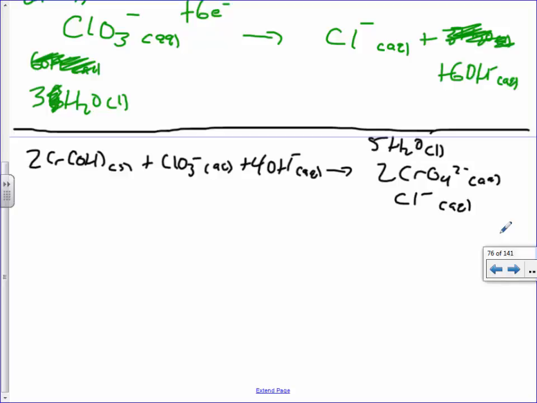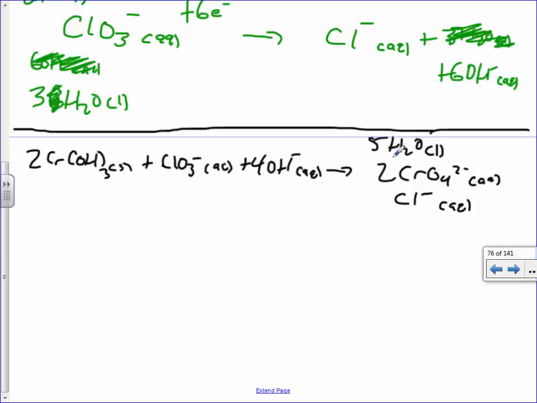So, let's just do a quick spot check to make sure it fits. 2 chromiums to 2 chromiums. 1 chlorine to 1 chlorine. There's 2 hydrogens plus 4 more, so that's 6. Uh-oh. Oh, there's a 3 right here. Okay, there's 2 times 3 hydrogens for 6 hydrogens, plus 4 more for 10, which is what we have for hydrogen.